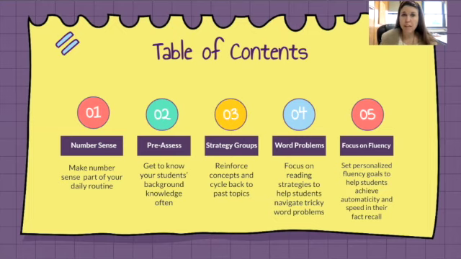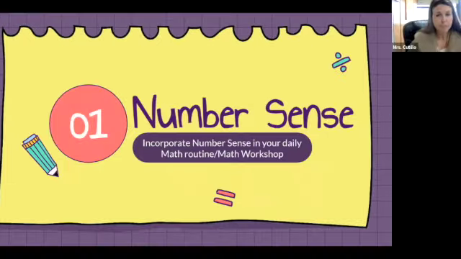That's the fourth one. And then finally, working with fluency, personalizing it, making it meaningful so that your students are all set up for success. So let's jump right into number sense.